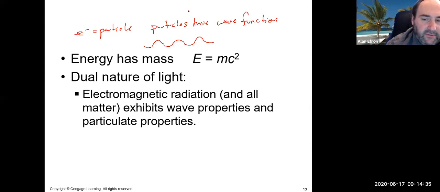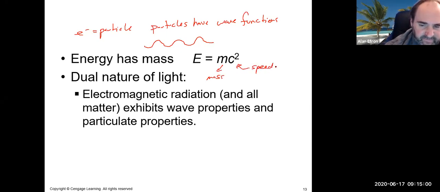So electrons, which are particles, do behave like waves, and waves do have some particle-type properties. This is what's meant by the dual nature: particles and waves have properties that are very similar to each other. This is Einstein's equation, where E is energy, m is mass, and c is the speed of light.